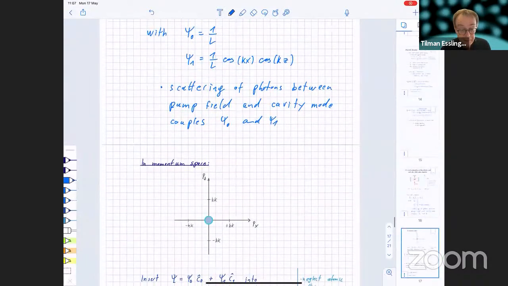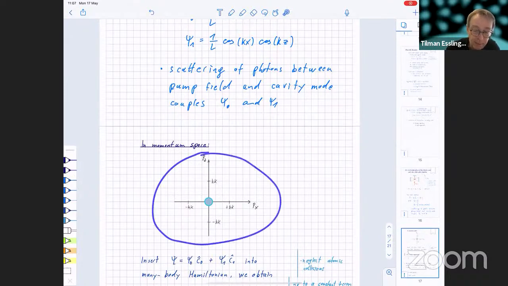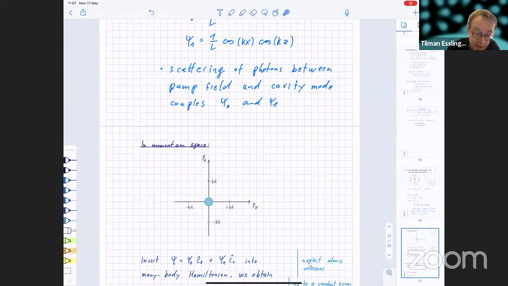Now we can briefly think about which momentum states we actually couple. I've drawn almost everything here in momentum space, in a momentum space diagram. This is supposed to be the momentum zero state of the Bose-Einstein condensate.